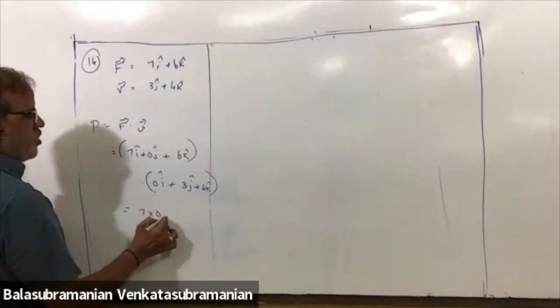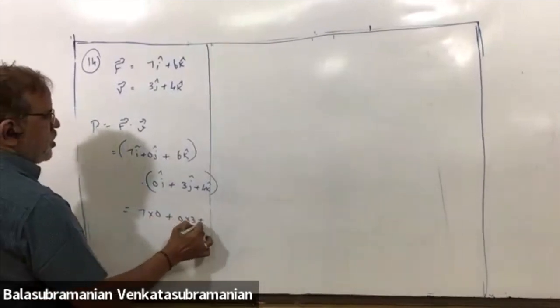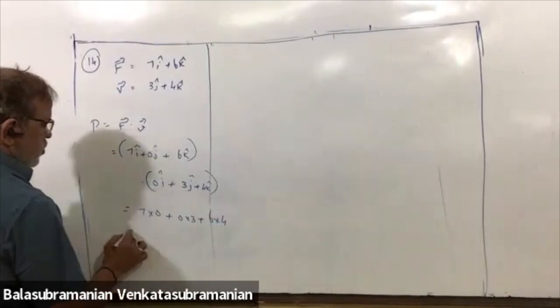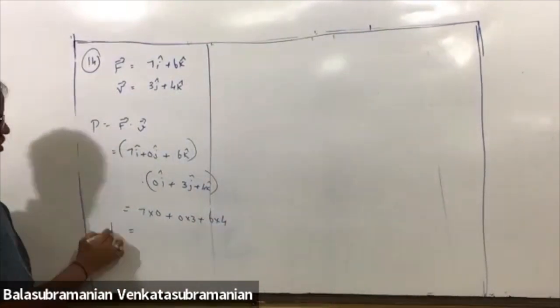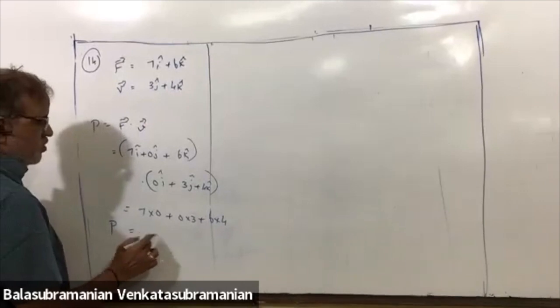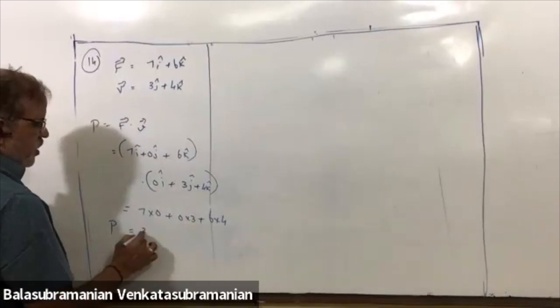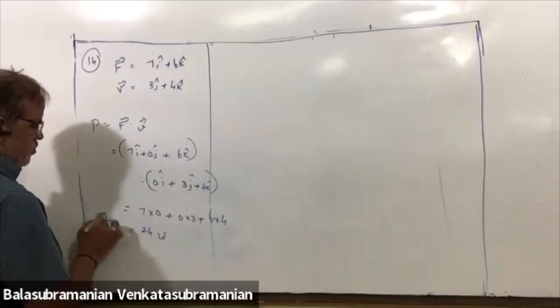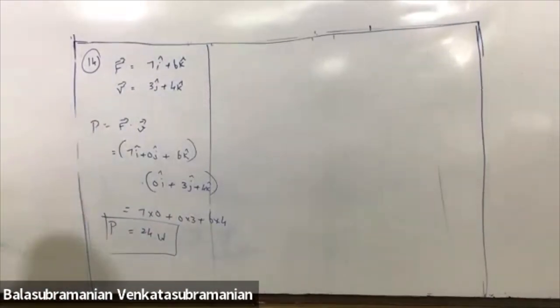So 7 into 0 plus 0 into 3 plus 6 into 4. So power P is equal to 24 watts. That's all.